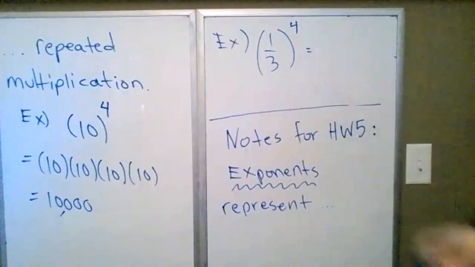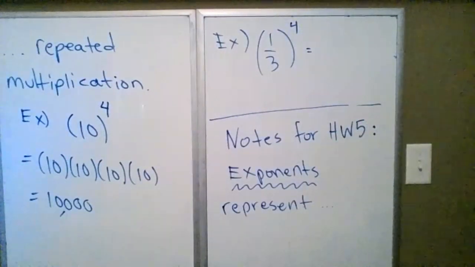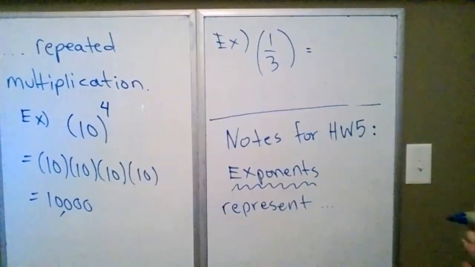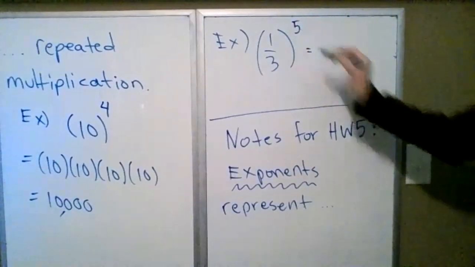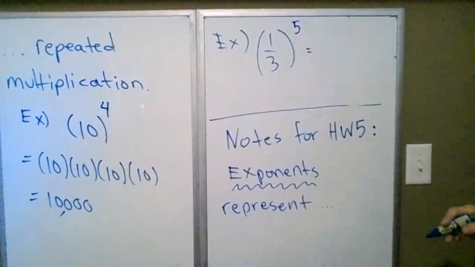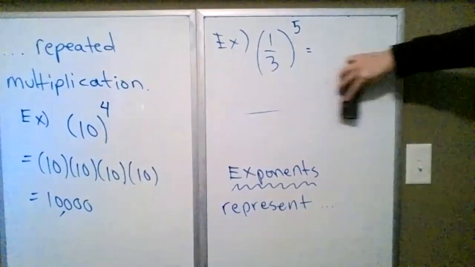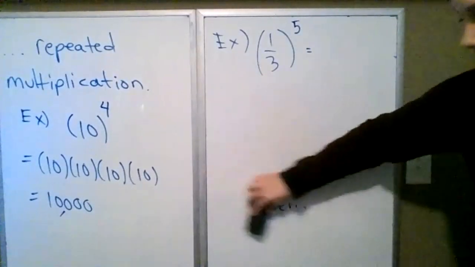We'll figure it out. Multiply 1/3 with itself. Maybe even higher. Let's go 5 times. We're multiplying 1/3 with itself 5 times.